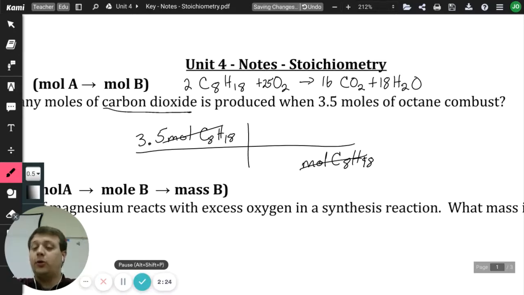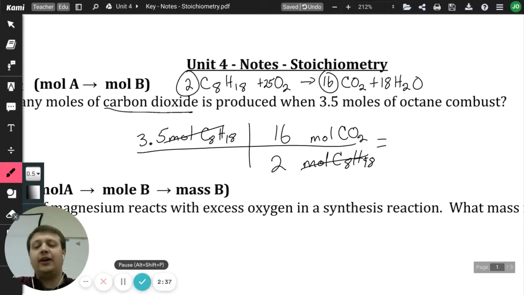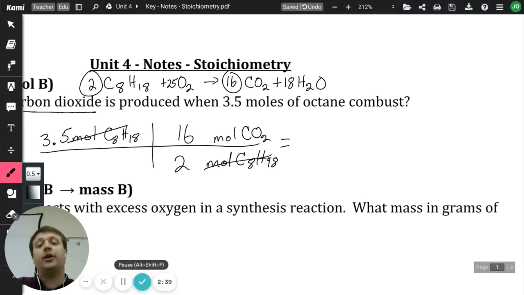There is a ratio between moles of octane and moles of carbon dioxide, and that ratio is 16 carbon dioxide for every 2 octane. I'll plug that into my calculator because moles of carbon dioxide is what I'm looking for, and my answer will end up being 28 moles of CO2.